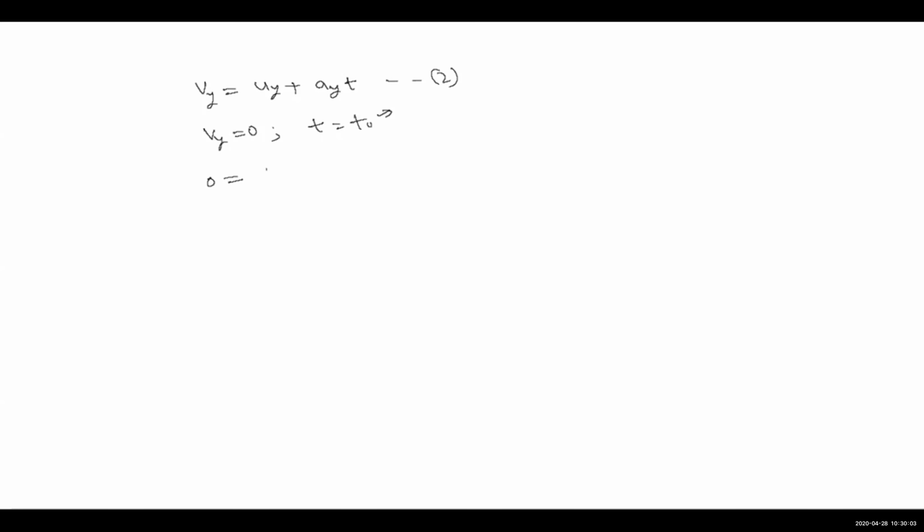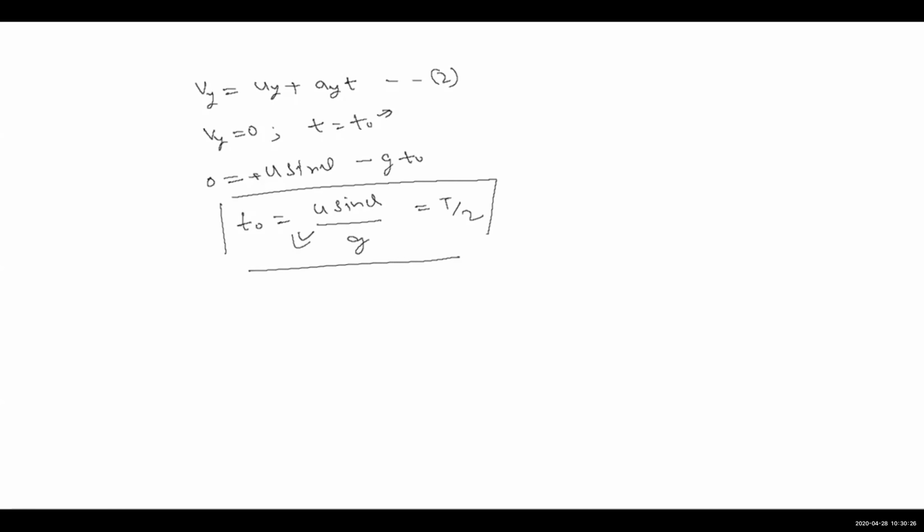Uy is u sin theta, plus, because it was in the upward direction, minus g t naught. Why minus? Because ay is in the downward direction. So this value of t naught we get as u sin theta upon g, which is T by 2. So after this much time, the particle will achieve the maximum height.